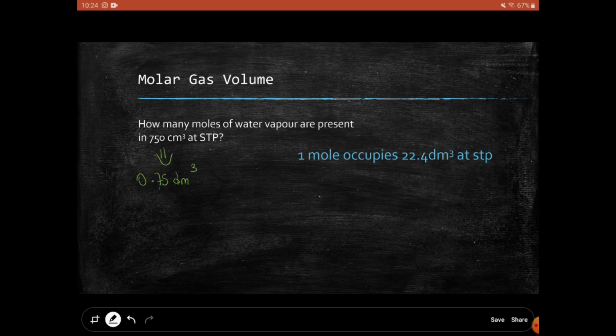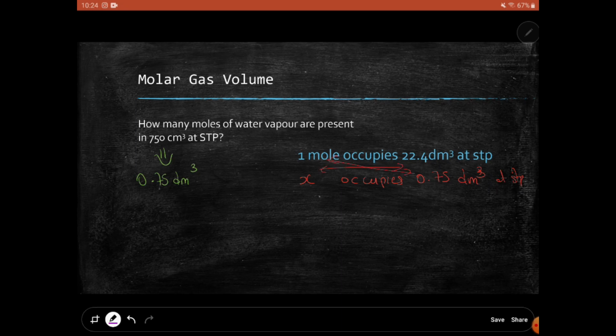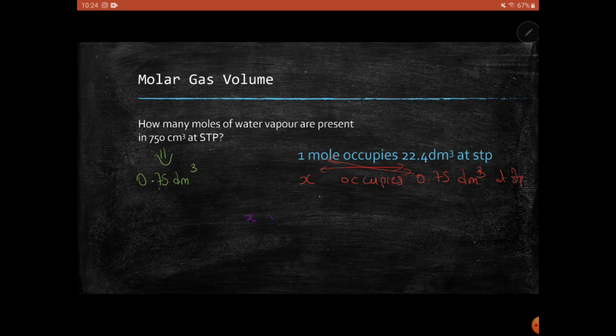We'll start by writing the statement. 1 mole occupies 22.4 dm cubed at STP. Now we need to find the number of moles. So moles would be our unknown. So we'll write x occupies 0.75 dm cubed at STP. We cross multiply, and this would read x times 22.4 is equal to 0.75.